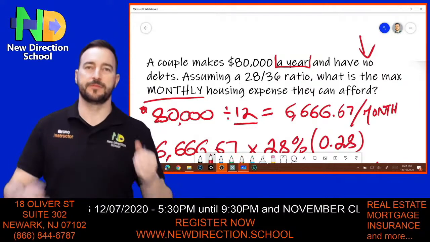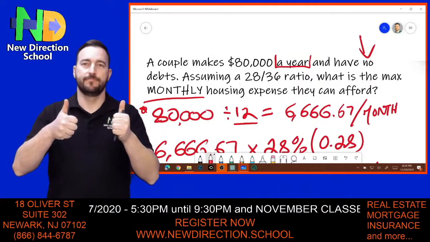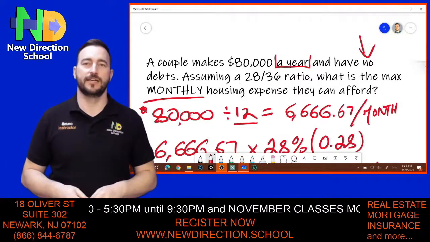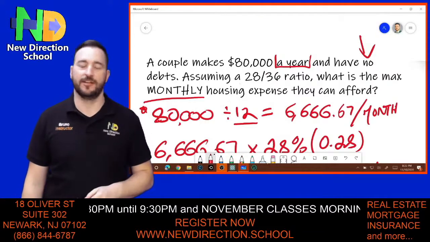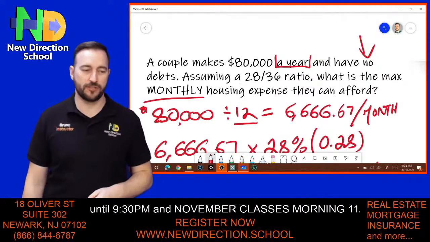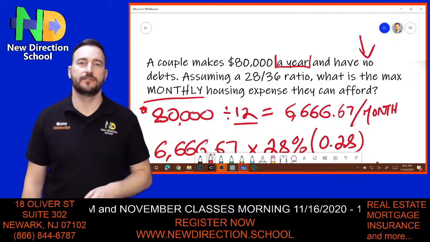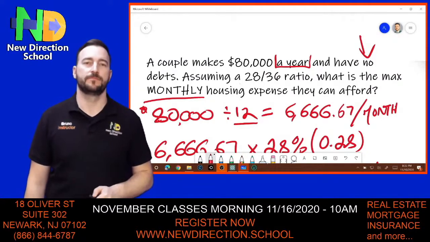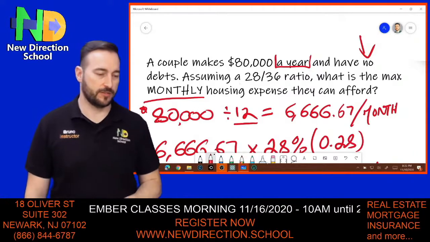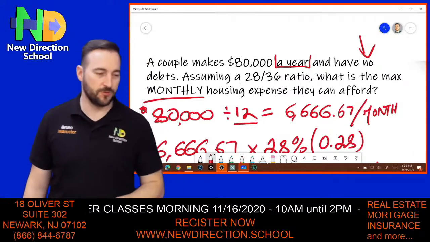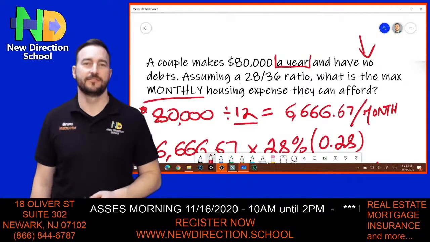Everybody got it? Give me a thumbs up if you got it. Celine, did you get it? Okay. I just see you shaking your head. Where did I lose you? Let me know. Arlene, did you get it? Good. Can we do one more? Aren't you demanding?